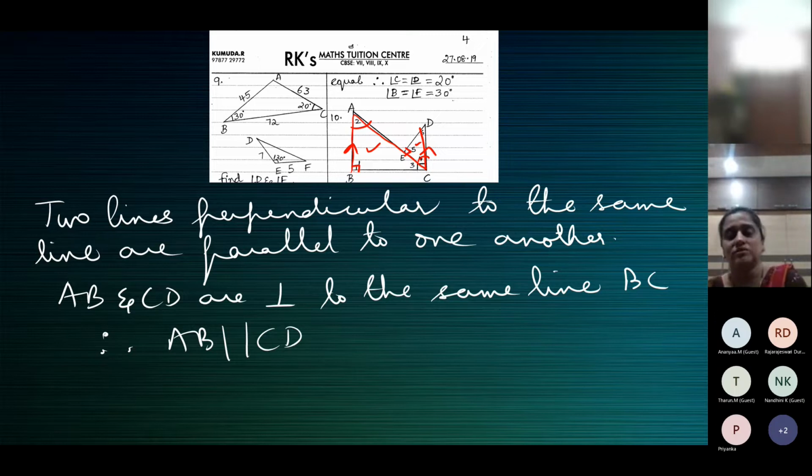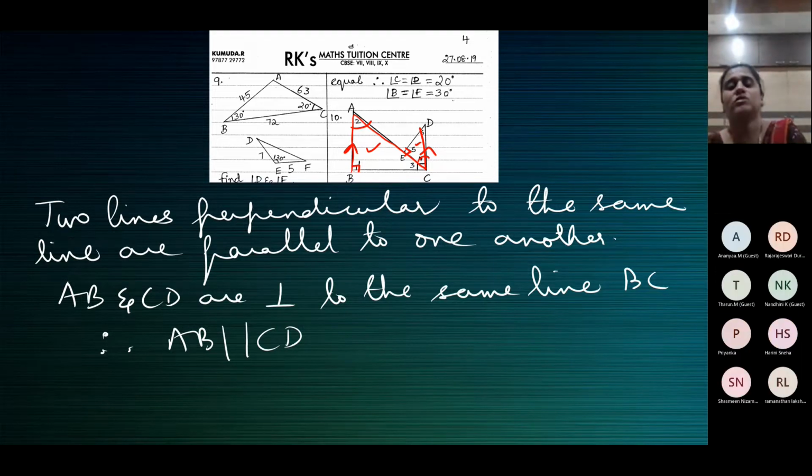So they are parallel to one another. 9th standard. Made a note of this? Yes, ma'am. Okay, so angle 1 is equal to angle 5. Angle 2 is equal to 4. Alternate angles are equal. So AA similarity criterion, the two triangles are similar to one another.